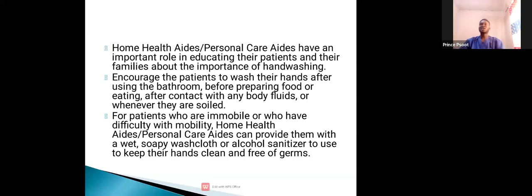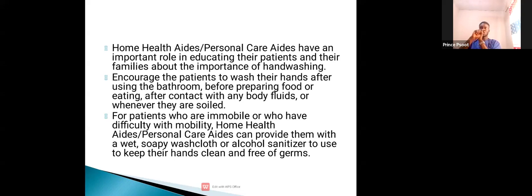After washing hands. As a home health or personal care aide, we have an important role in educating our patients and even their families about the importance of hand washing. We encourage the patients to wash their hands after using the bathroom, before or after preparing food, and so on.